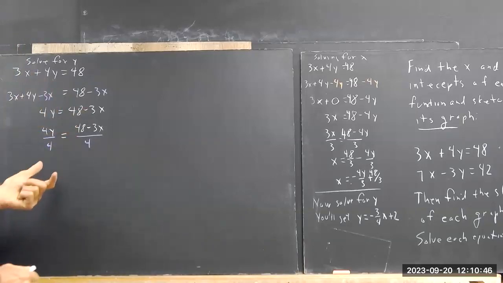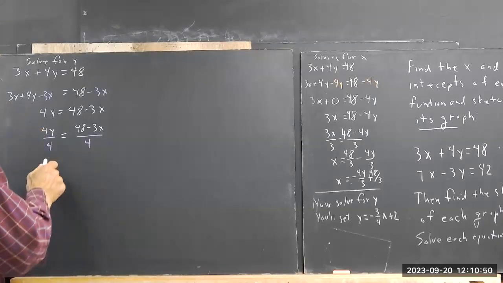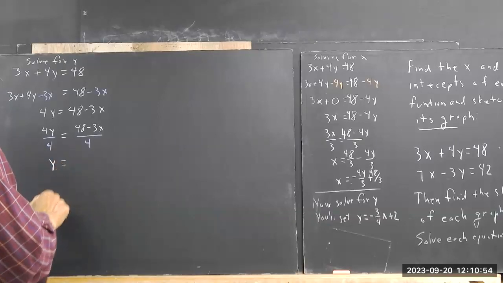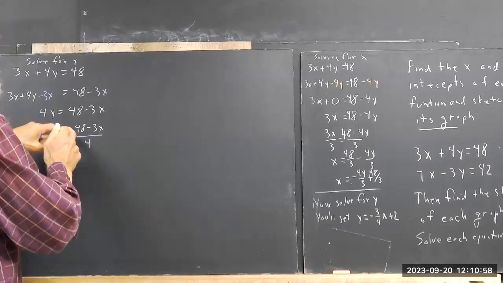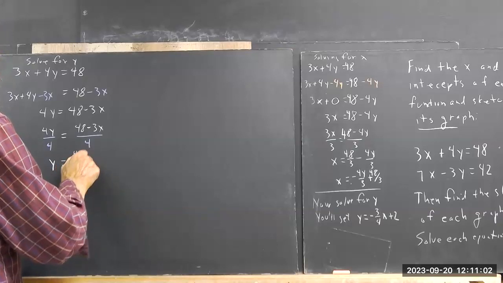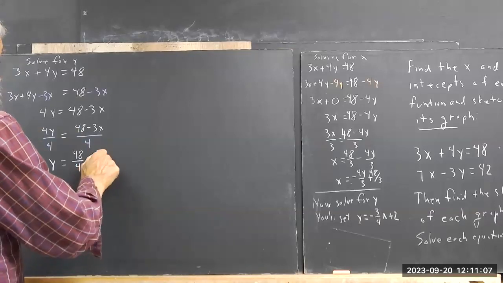Okay, so now we know that 4y divided by 4, the 4 divided by 4 gives you 1. We get y equals, what are we going to do with this? Well, we have a distributable. 48 minus 3x is all divided by 4. So not too formal about it, it means 48 is divided by 4, and so is 3x.